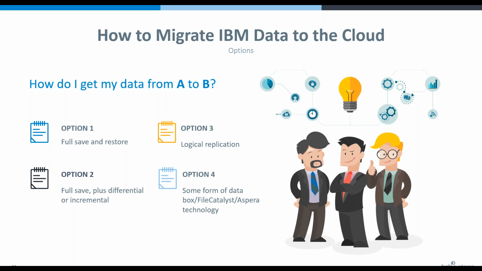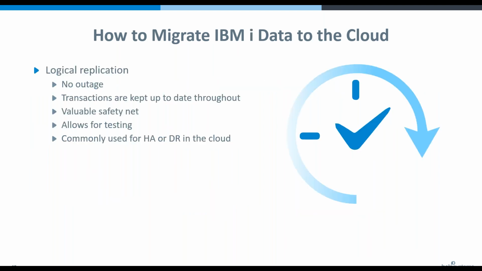There are things from IBM, Cisco, and other suppliers, and or some high-speed file transfer technology like File Catalyst and Aspera. Aspera from IBM, File Catalyst actually from Help Systems, and for many of you, maybe first time you're hearing about that technology, but a company we acquired back in January of 2021.